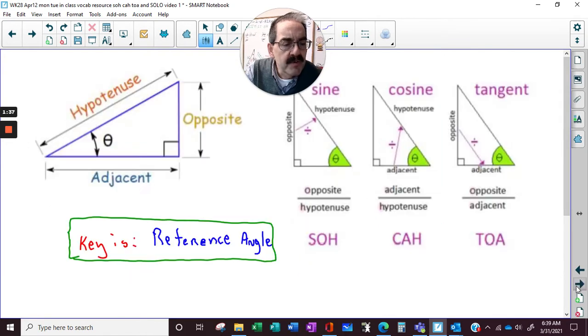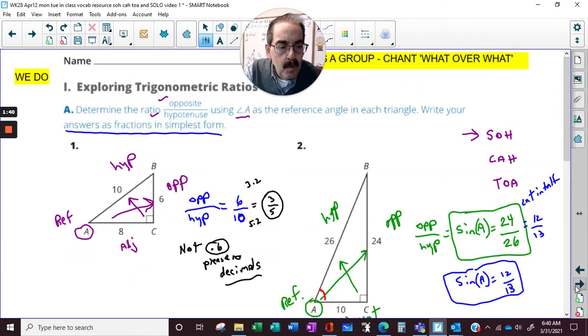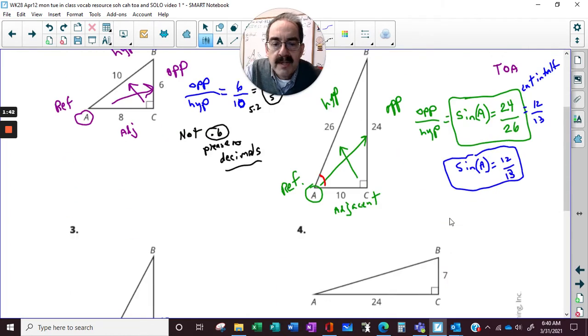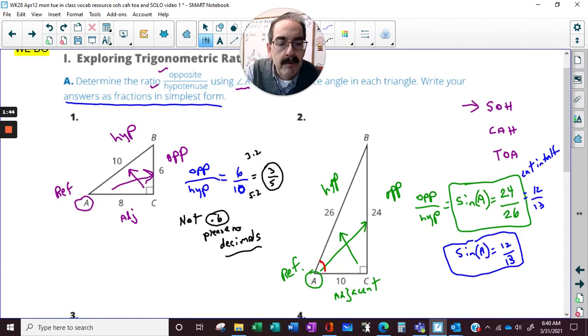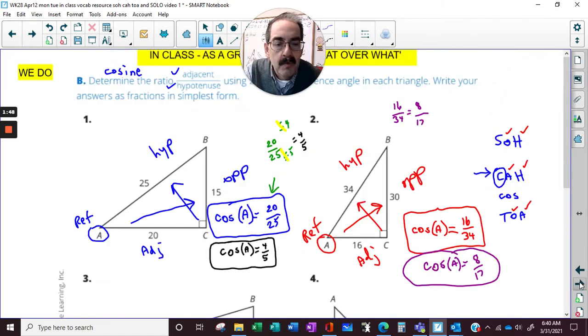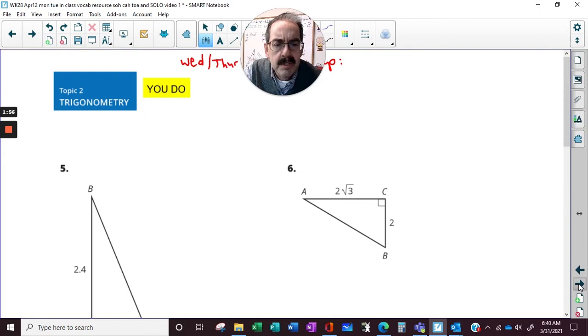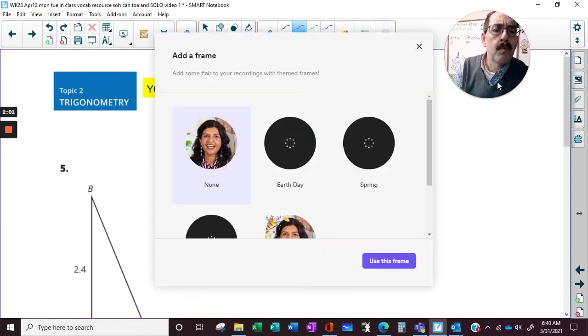The other day when we were together, we finished this page. No, all we got was the first one, right? Yep. Trigonometric ratios. And then we did a couple on the second page. So today we could either finish those, or I think the best thing to do is do a warm-up today.